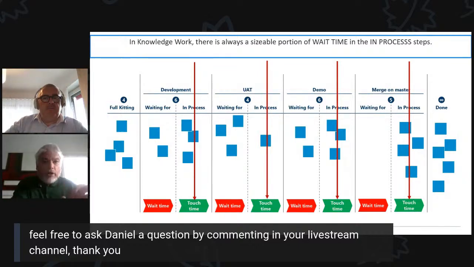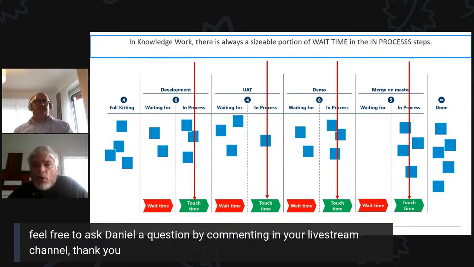So there is this arbitrage and this friction, this tension that exists for everybody, whether they're in development, UAT, demo, or merge on master, waiting for and in process. And we have many clients that have adopted these boards, and they feel such a relief psychologically, with working together, cooperation, and visualization of the work.